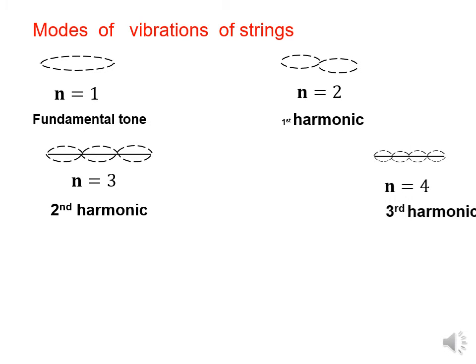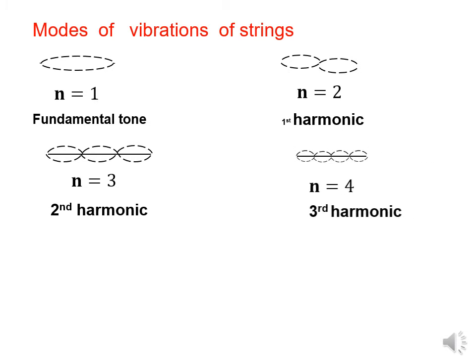If the string vibrates and produces 4 segments, n equals 4, and it produces a tone called the third harmonic. So the name of the tone is determined by the number of segments.